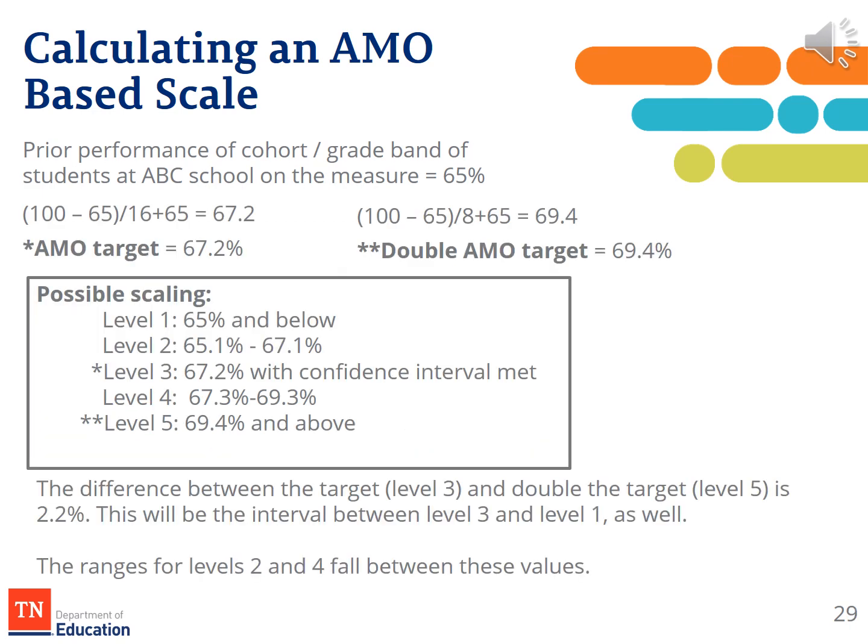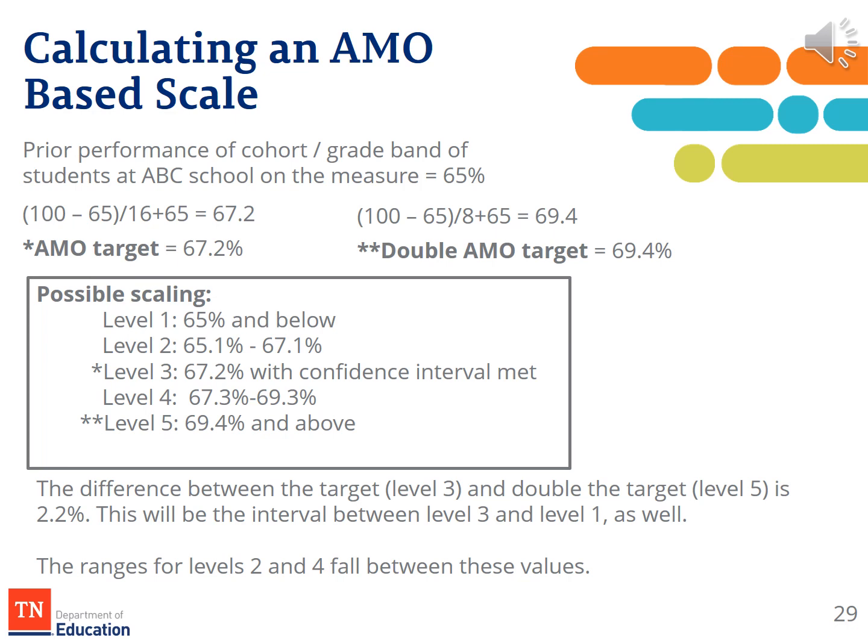Level 1 represents prior performance. Level 3 was determined by the AMO calculation. Level 5 was determined by the double AMO calculation. Level 2 uses the range between prior performance and AMO. Level 4 uses the range between AMO and double AMO.